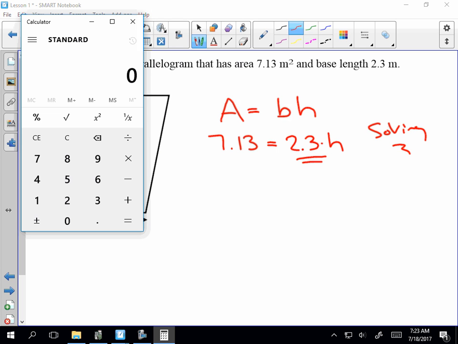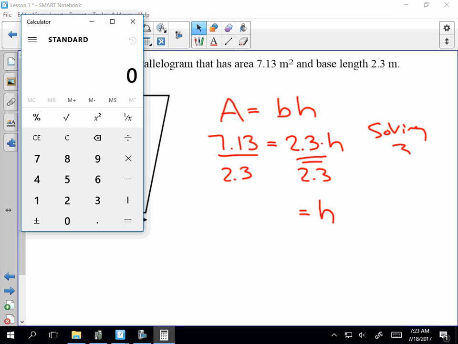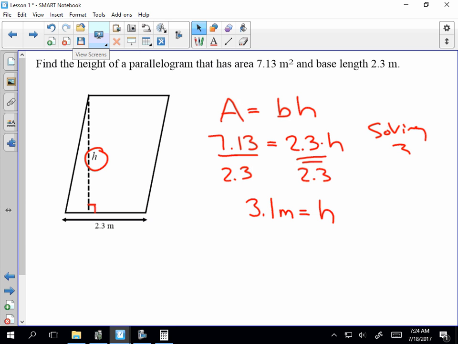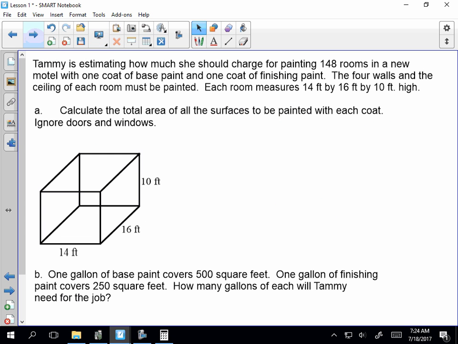So we're going to divide both sides by 2.3 to get h by itself. So we have 7.13 divided by 2.3, and we get our height measurement of 3.1, and in this case it would be meters. In most of your problems, the units are there for you, but you always want to consider units when you're solving problems.